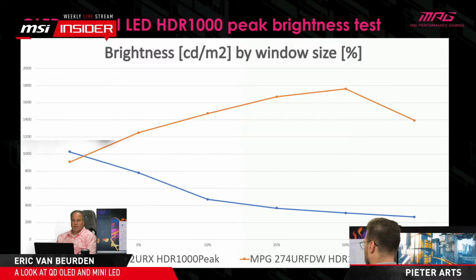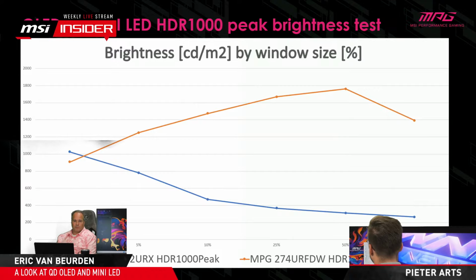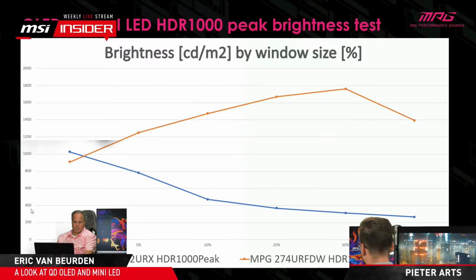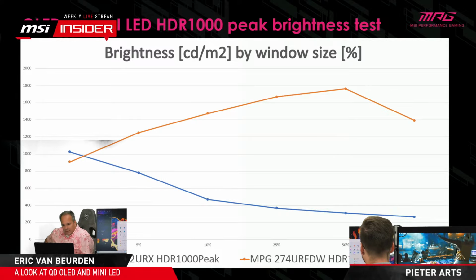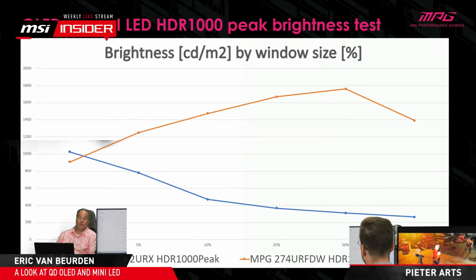You see the HDR 1000 peak brightness measured on the left axis, the number of nits. Over here we talk about 1000 nits, where I am with my cursor, 800 nits and 400 nits, for example. And this is the percentage of the APL, so how big the white space on your screen is, so how much light it needs to output.